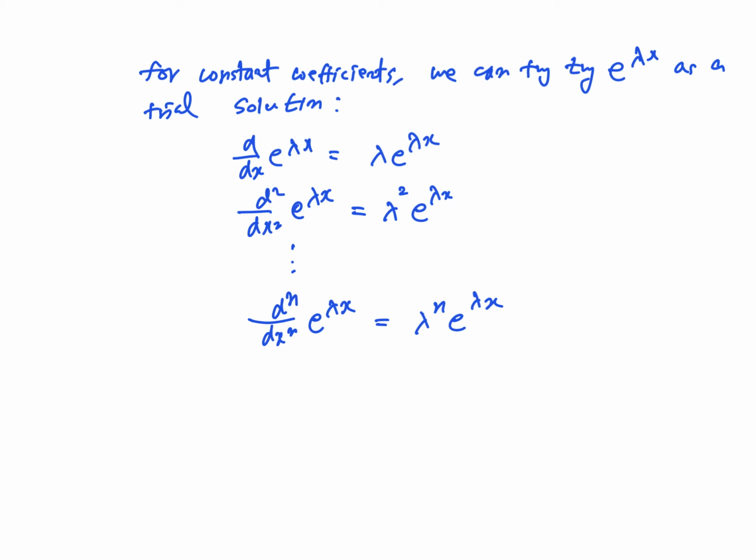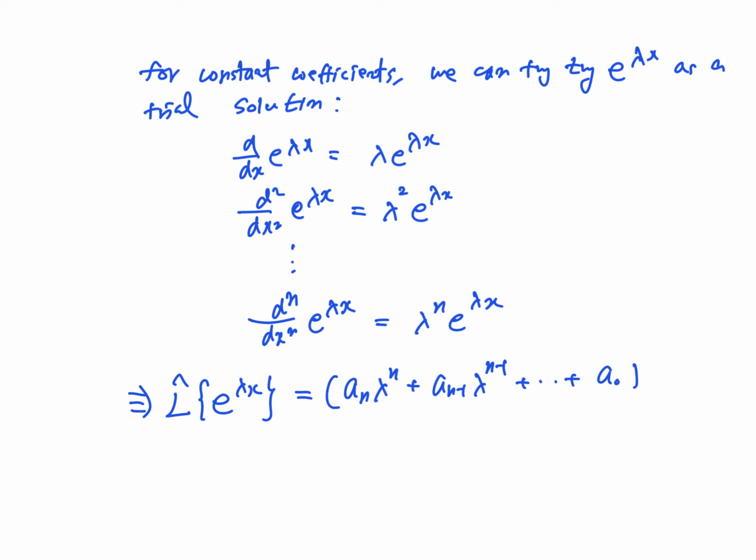Then what happens to this linear operator with exponential lambda x? Simply an lambda^n plus an-1 lambda^(n-1) plus ... a0 times exponential lambda x is equal to 0.